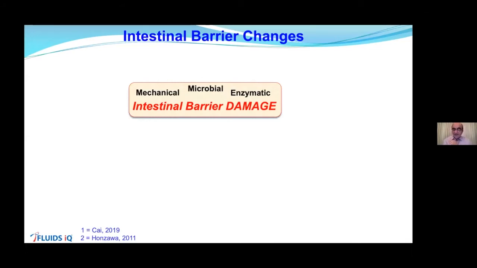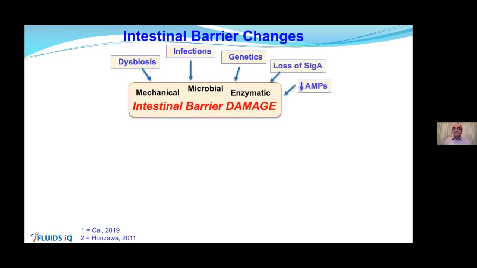Enzymatic, especially when you don't have enough mucus covering the cells. And that damage can occur due to genetics, of course, due to dysbiotic behavior, due to infections, especially if they're ongoing, and the loss of the immunoglobulin SIgA, that's secretory IgA, which needs a functioning mucus layer in order to function well. If that's not there, then you've got a problem.